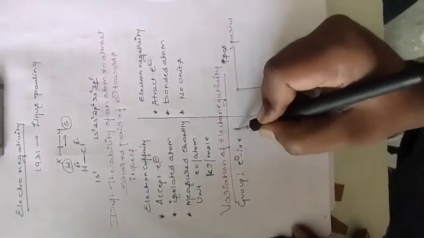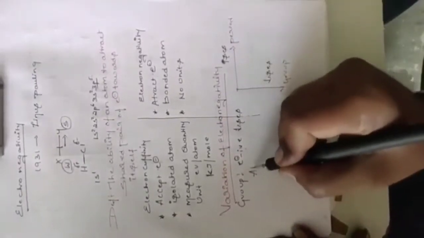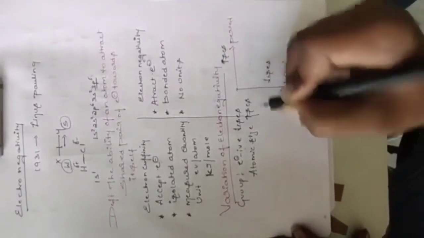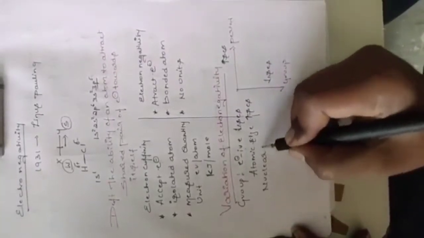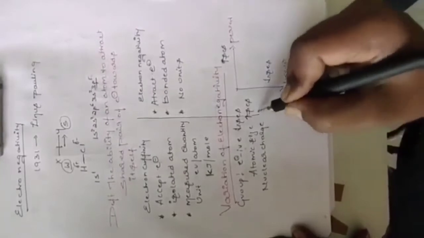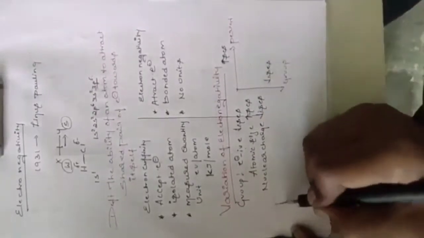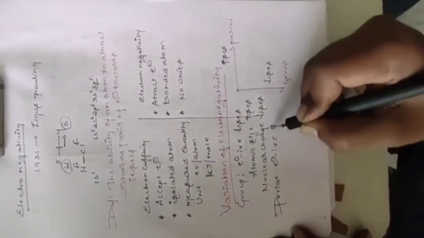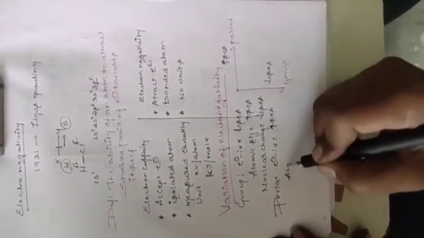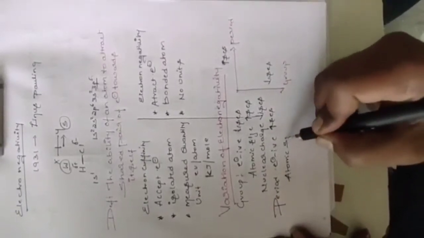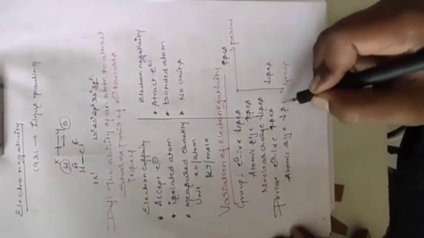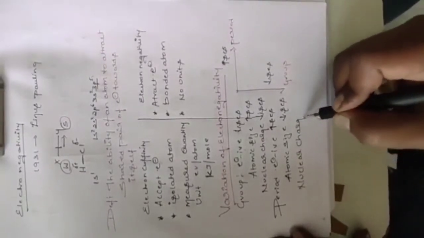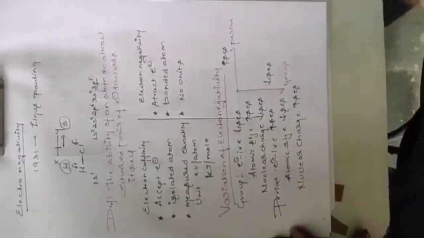Down the group, electronegativity decreases because atomic size increases and nuclear charge effect decreases. Across the period, electronegativity increases, atomic size decreases, and nuclear charge increases.